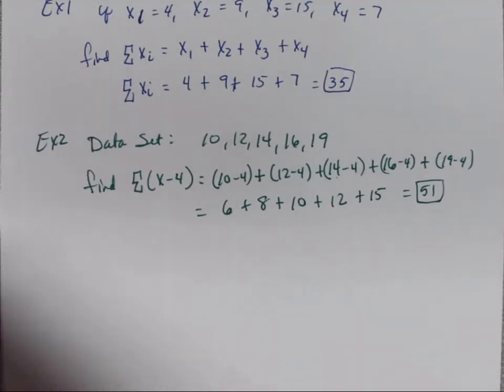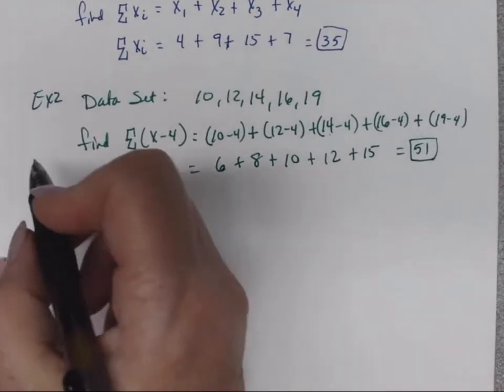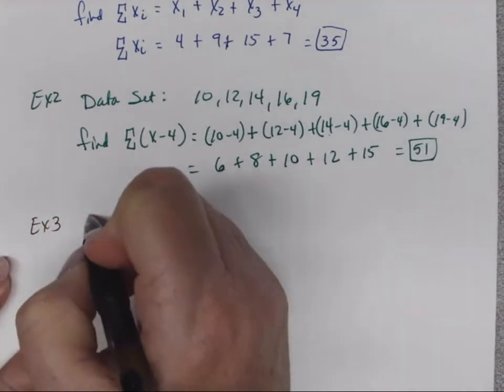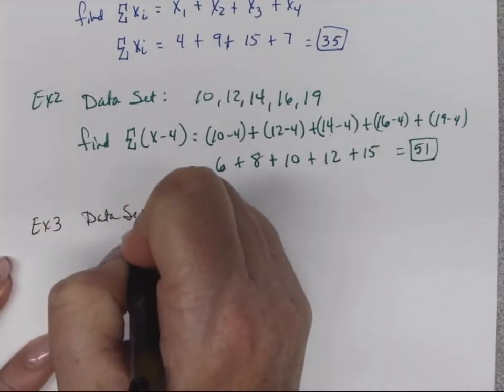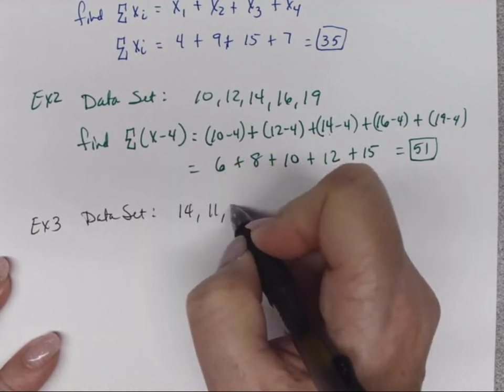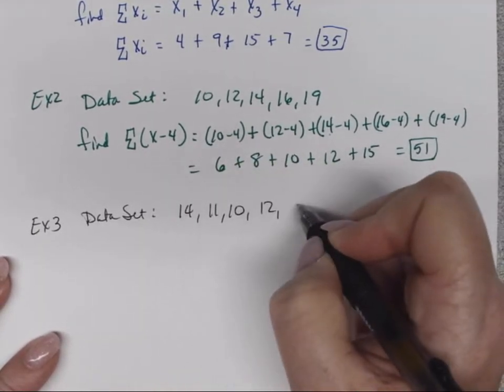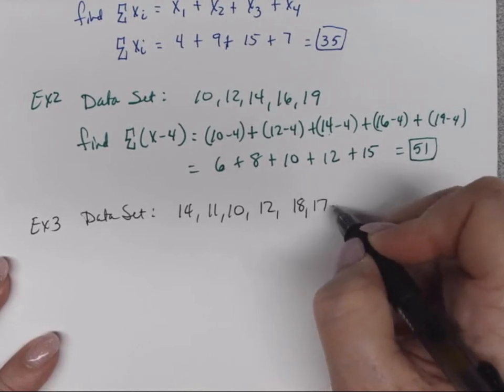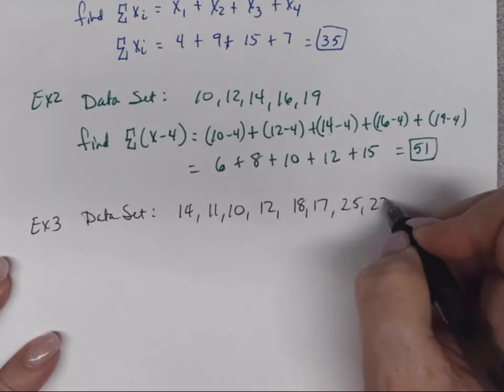All right, let's look at another data set. Example 3. So our data set for this is 14, 11, 10, 12, 18, 17, 25, and 23.